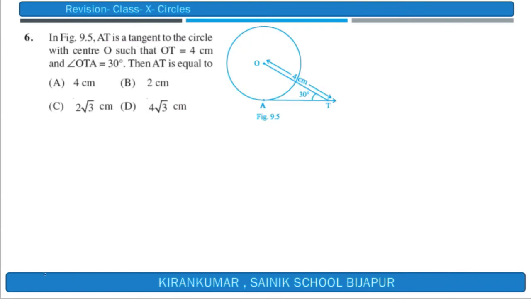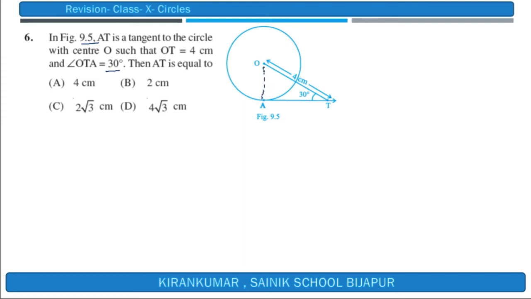Question number 6. In figure 9.5, AT is tangent to the circle with center O such that the length of OT is 4 centimeters. Angle OTA is 30 degrees. Then AT is equal to. To find that, let me consider the radius here.